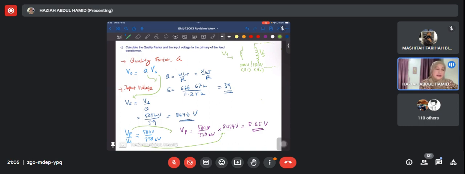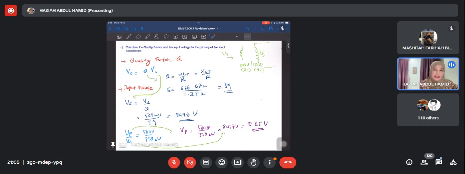Okay, rated voltage. Right? So untuk relationship between the input voltage to resonance circuit and the output voltage of resonance circuit is given by this formula.